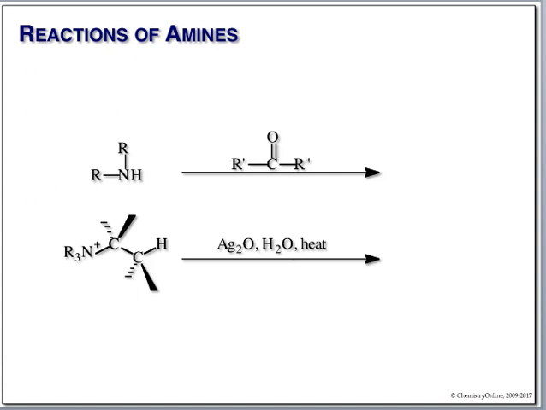Because of that, it's unstable. This will lose a proton from one of the groups and form an enamine. Enamines, we remember, are useful because the electrons go back in, show up on this carbon, and they can be used as a nucleophile.